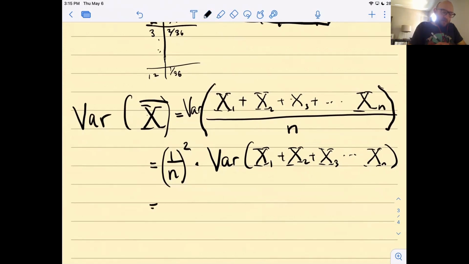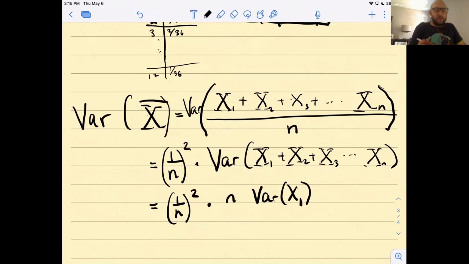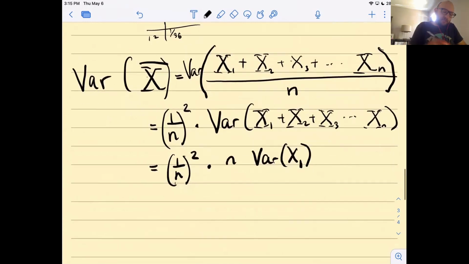So this is equal to 1 over n squared times n times the variance of, let's say, x1, because they all have the same distribution. And now 1 over n squared times n, the n's cancel and you're just left with the variance of x1 divided by n.